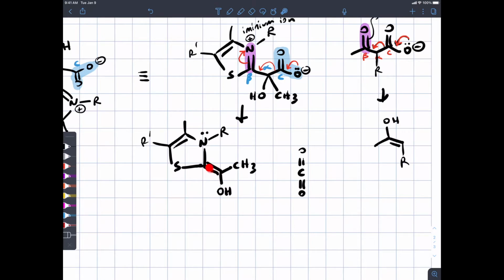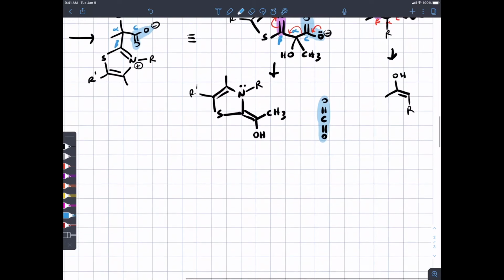Here's the double bond, and then here's that nitrogen that was part of the iminium ion. And do you see how we've lost CO2? Okay. This molecule has a resonance structure.